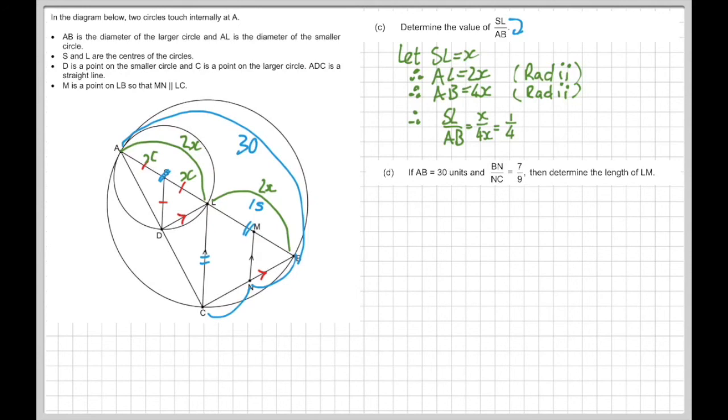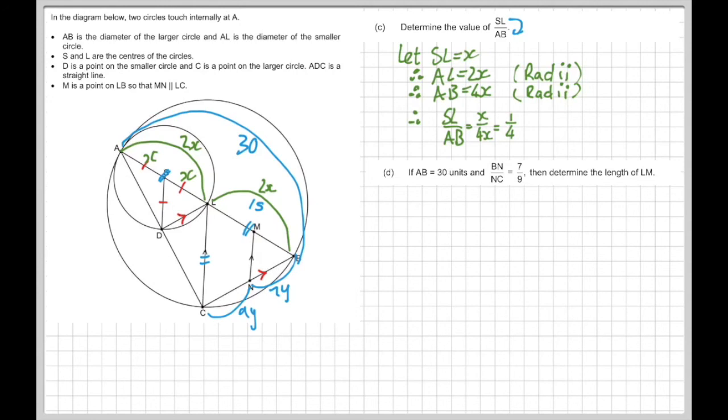Now I go towards BN and NC. Because they're working with ratios, I'm going to bring in Y instead of X, because I've already used X at the top. So BN is 7Y and NC is 9Y.